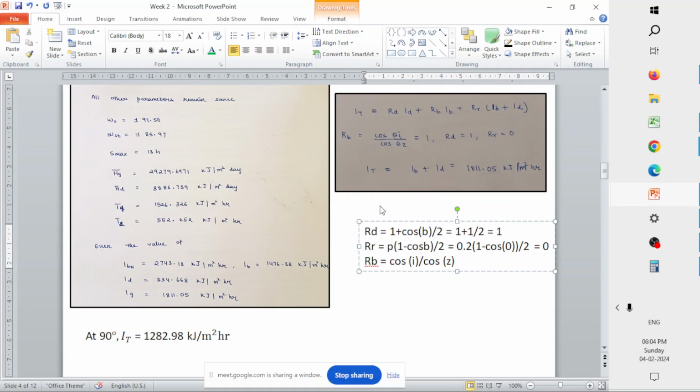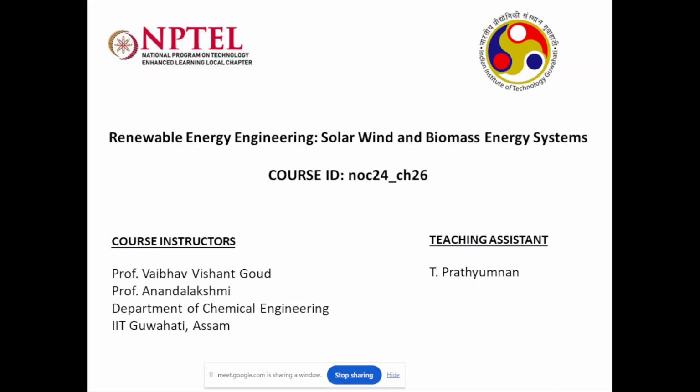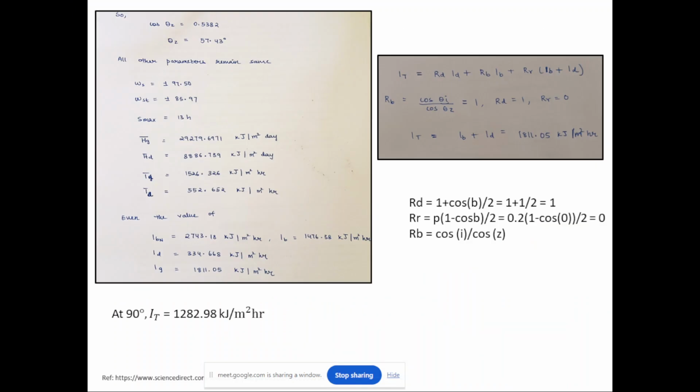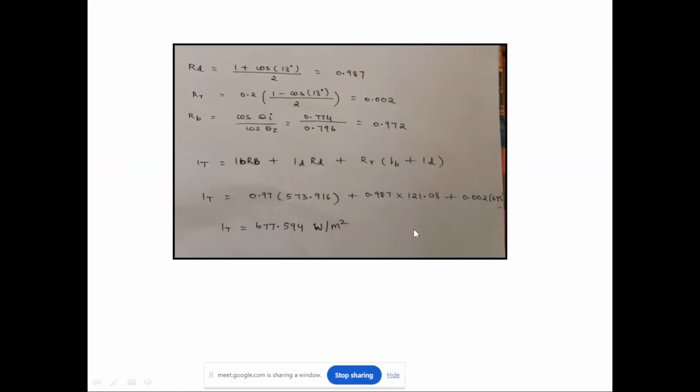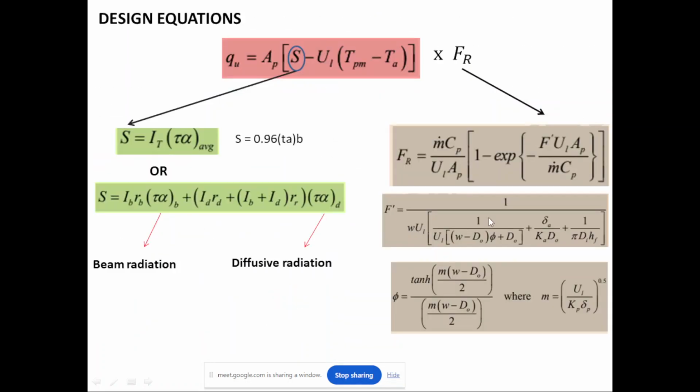So these are the formulas for RD, RR and RB: 1 plus cos B by 2 and rho into 1 minus cos B by 2, cos I by cos Z. So that is small r, and for capital R you can use the same formulas.